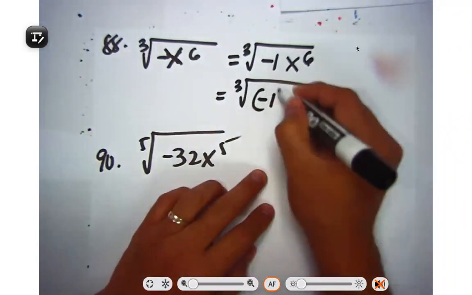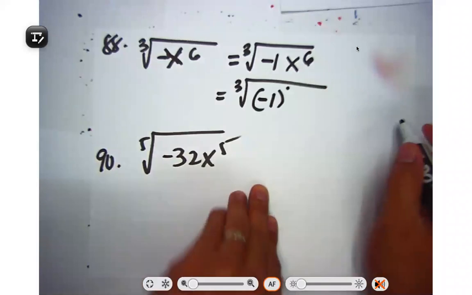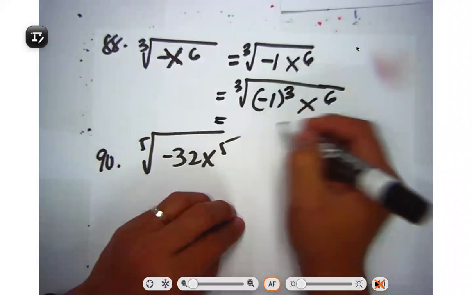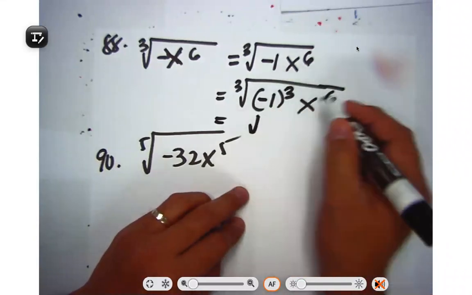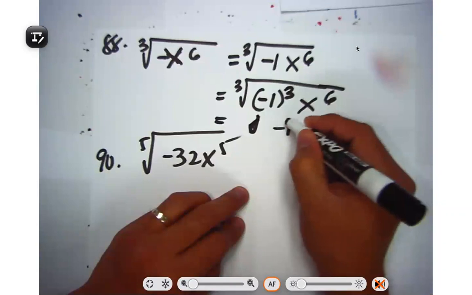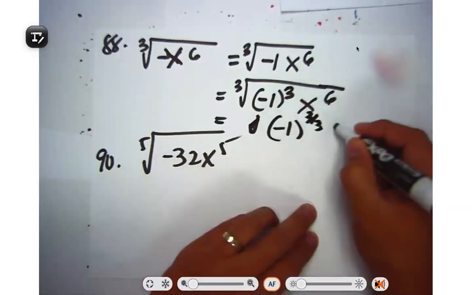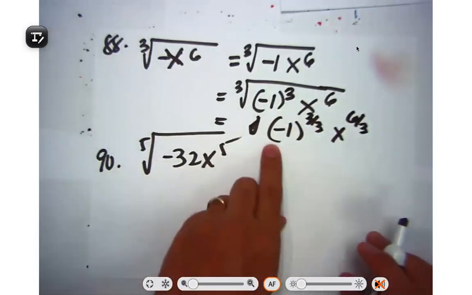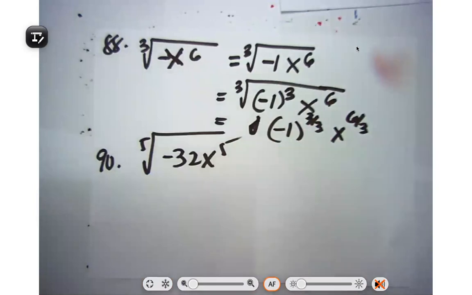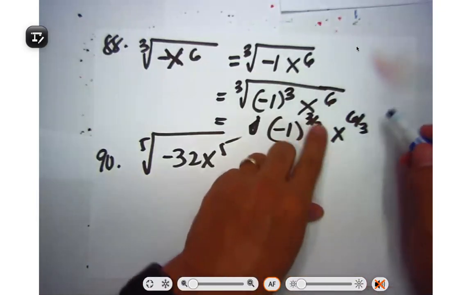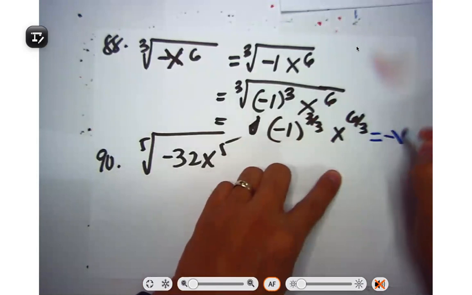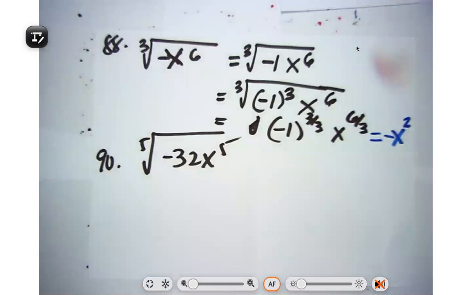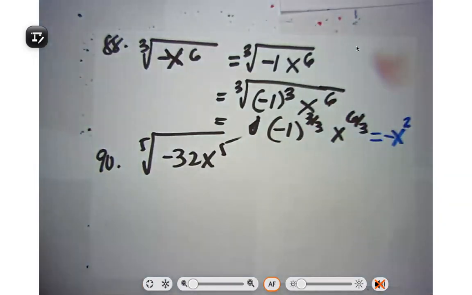It's negative 1 raised to 3. Okay. Then x raised to 6. And then after that, we divide the exponent by 3. So this is negative 1 raised to 3 over 3, x raised to 6 over 3. So what's the result? What do we have? 3 divided by 3 is 1, so that would be negative x raised to 2. Okay. So that's negative 1x raised to 2, or just negative 1x squared.